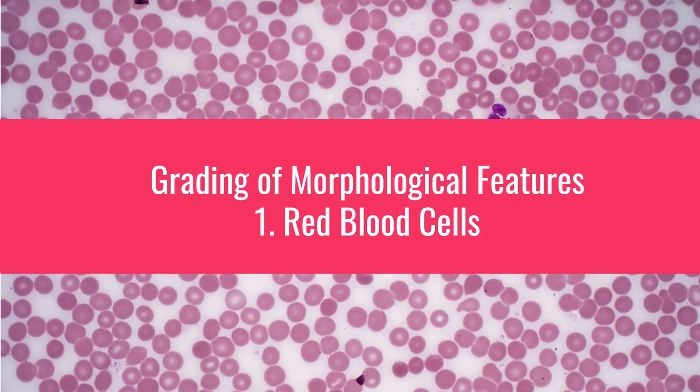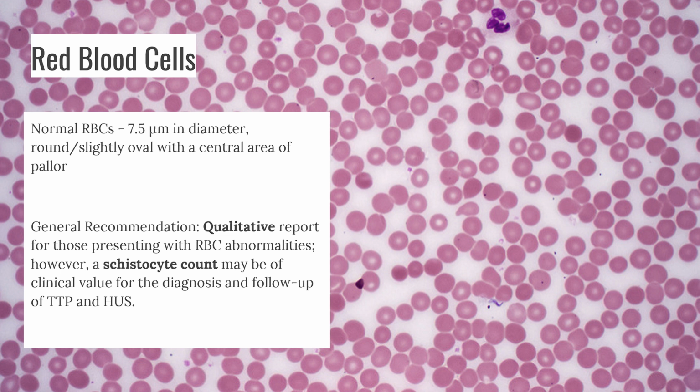So for the first of the three red blood cells, automated analyzers provide accurate and precise RBC counts and red cell indices. When there are flags, we have to confirm the presence of abnormal morphologic findings by microscopy. And as I mentioned, a minimum of 1,000 RBC should be evaluated.